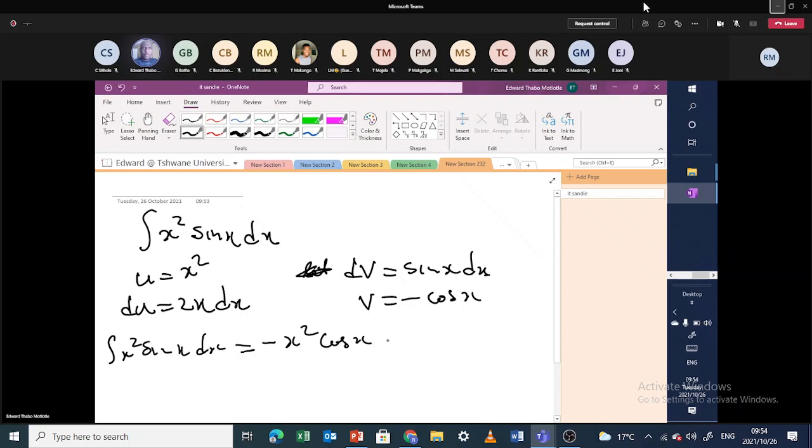Minus the integral of, now we substitute v, so it's going to be plus because of this negative sign, and v is cos x, and then multiplied by 2x dx.